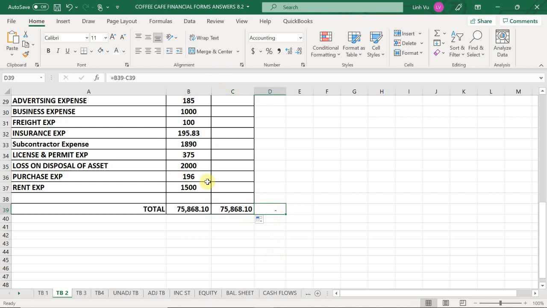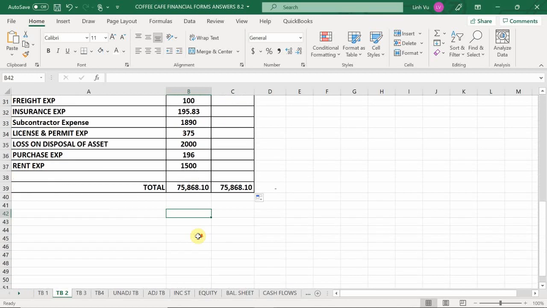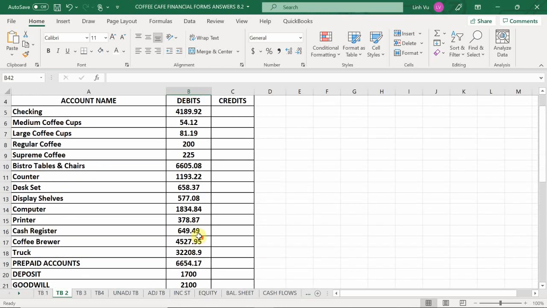So that means my debits and my credits match on both sides, with $75,868 and 10 cents worth of debits and credits on both sides.